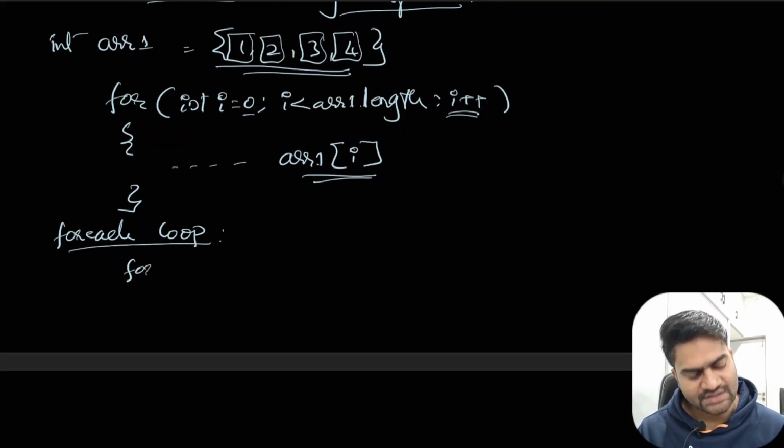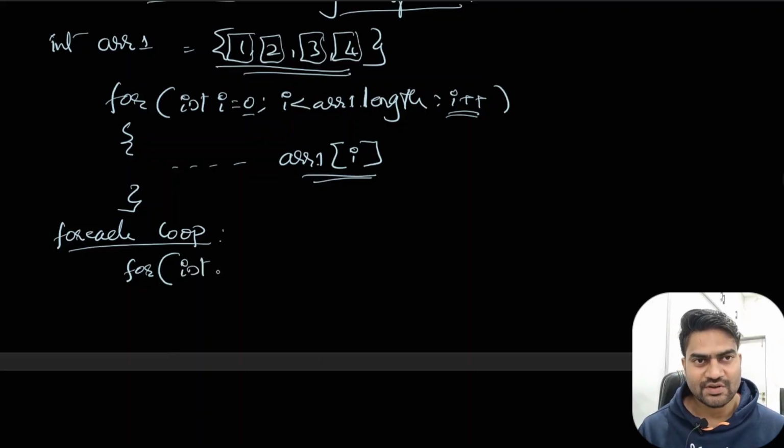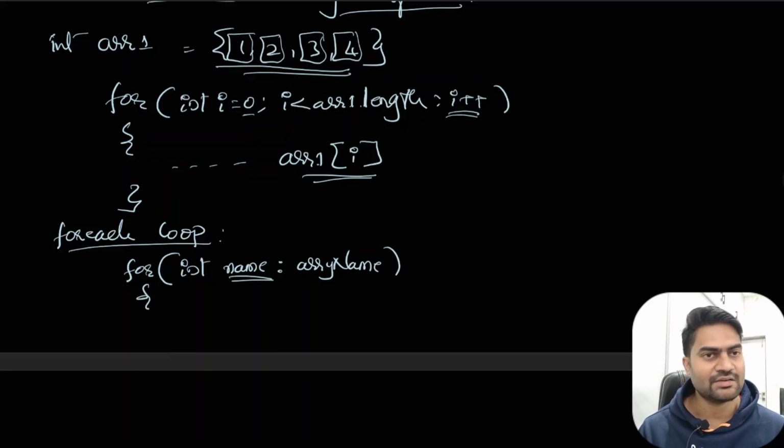We use the same for, then the type of the element, then some name, then colon, then your array name, and inside this we get each value of the array element.